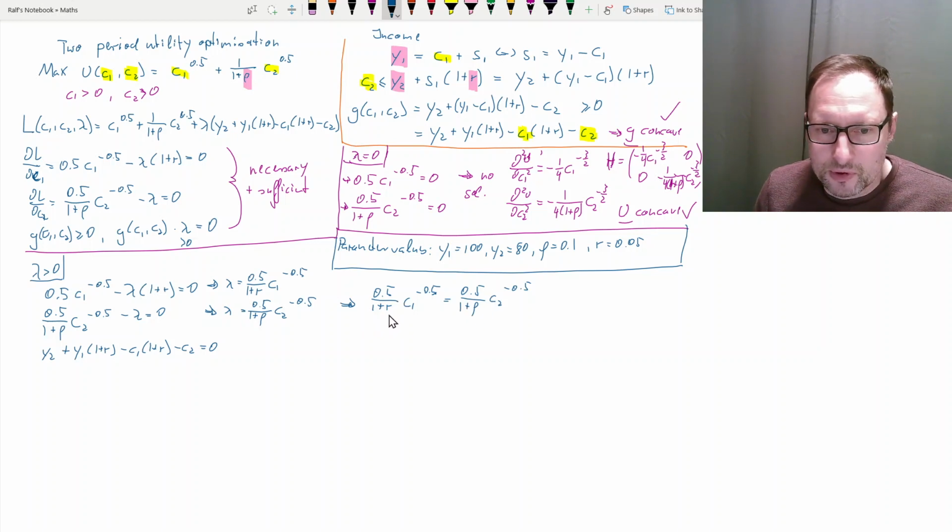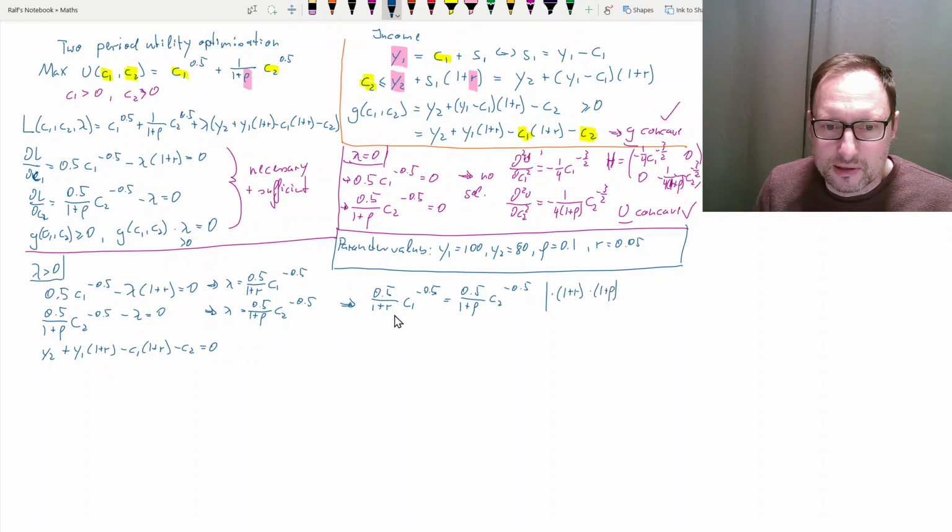And then perhaps what you can see here is that we have (1 plus r) to the negative 1 times C1 to the negative 0.5. So what we're going to do is multiply through by a whole lot of stuff. First, we'll multiply both sides of the equation by 1 plus r. We also multiply by 1 plus rho.